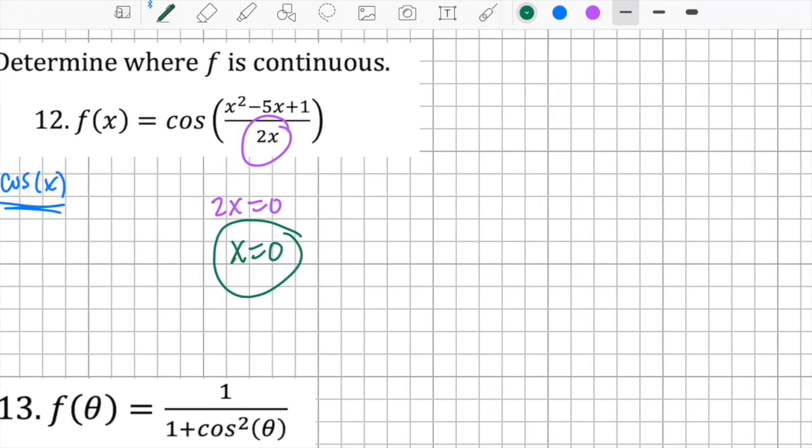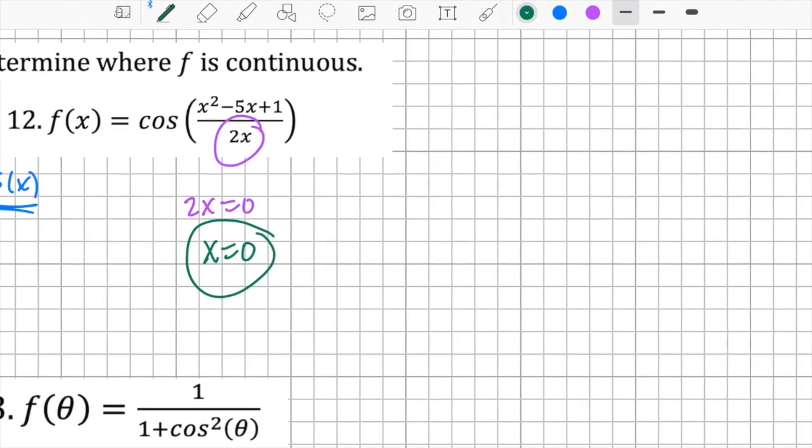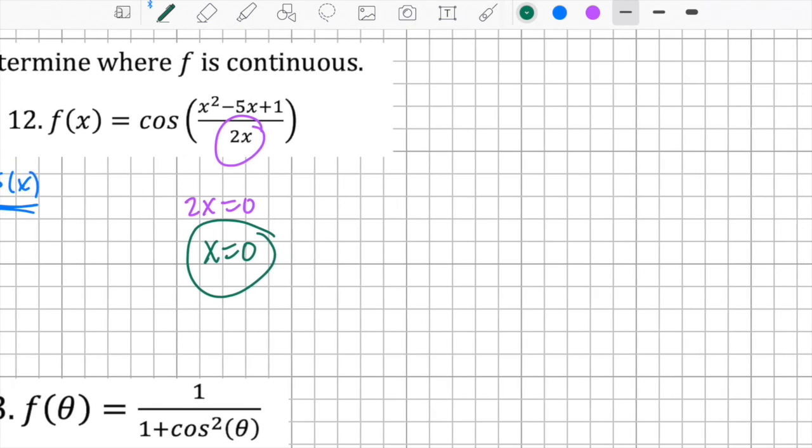So that's what makes this function discontinuous. So we write: continuous everywhere except x equals 0.